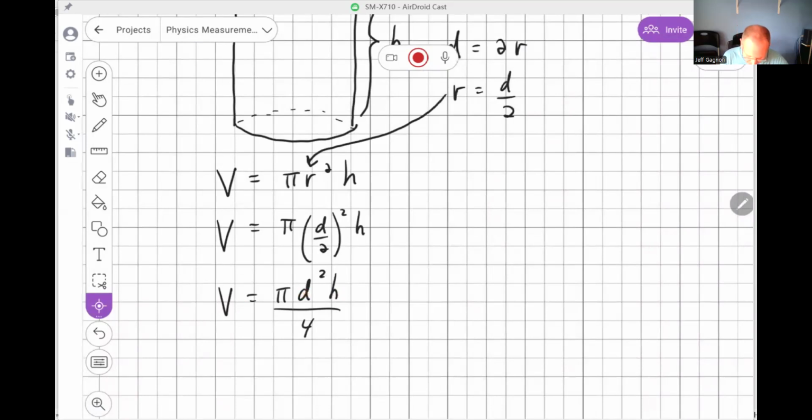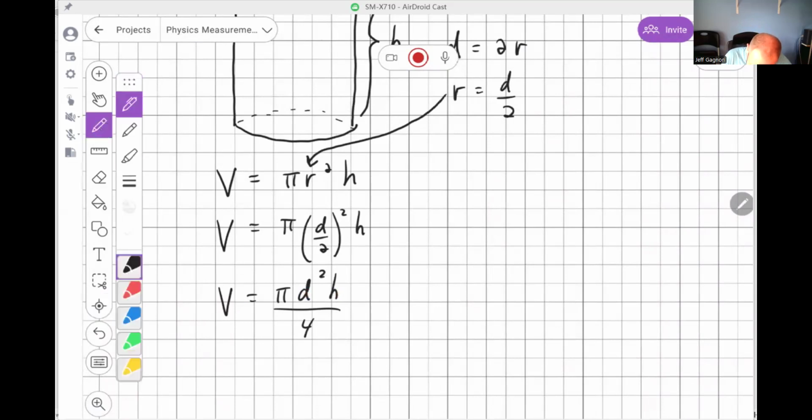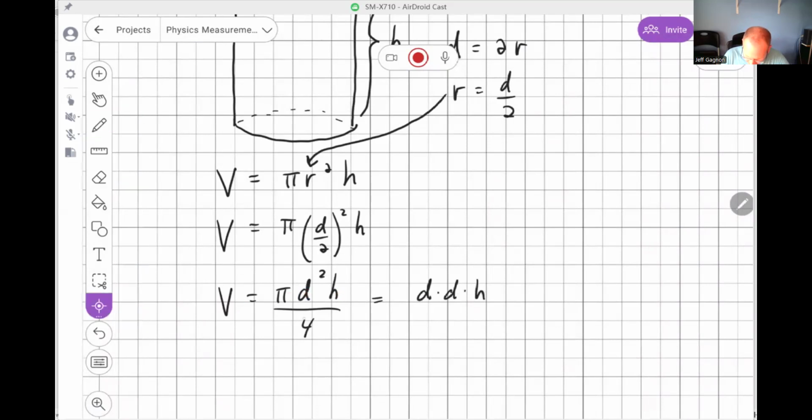Since it's diameter squared, you can think of this as diameter times diameter times height. And the other thing is, the pi and 4 are exact numbers. They don't have any error. It's just the variables that potentially have error, the diameter and the height. So you can ignore the exact numbers, the pi and the 4.